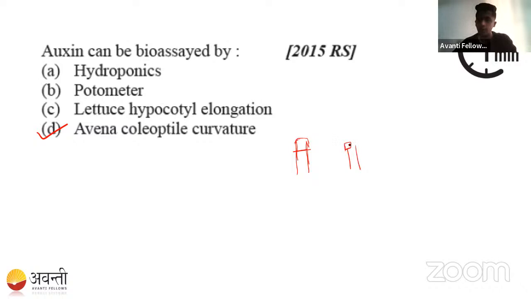As we place auxins at one position, that will lead to curvature, that is, the bending or elongation of the new parts will be towards the opposite direction from where we have placed the auxin. Understood? So this will help in understanding the assay, or the presence of auxins. So this experimentation is called Avena coleoptile curvature. Understood? So our answer is D.